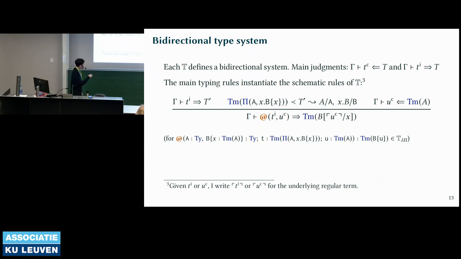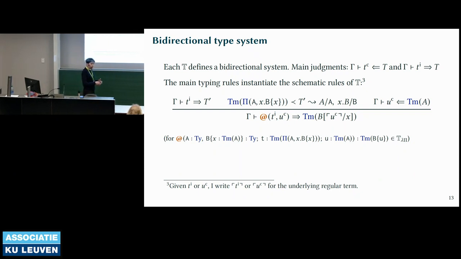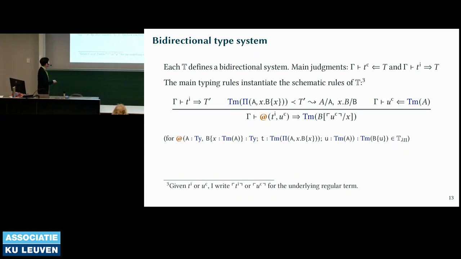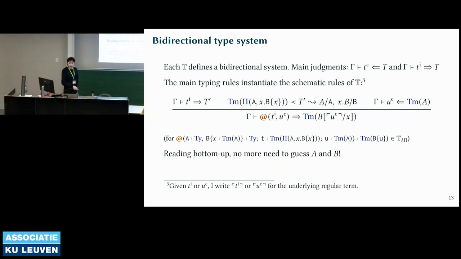And I'm writing this because U and T here are bidirectional terms from the bidirectional syntax, and I need to recover the underlying declarative term, which is you just erase the ascriptions, and this is what it is doing here. So the thing that you should remark is that reading bottom up, you don't need to guess A and B anymore. They're recovered algorithmically.